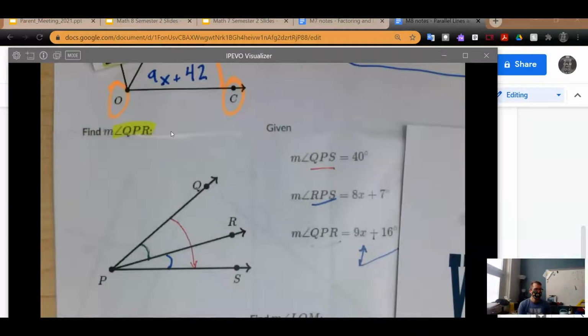I want to see about half of our pencils moving. If you got QPR already, go ahead and try the next ones, where we have linear pairs. Hint, hint, we're going to write that down on our paper. Adam?